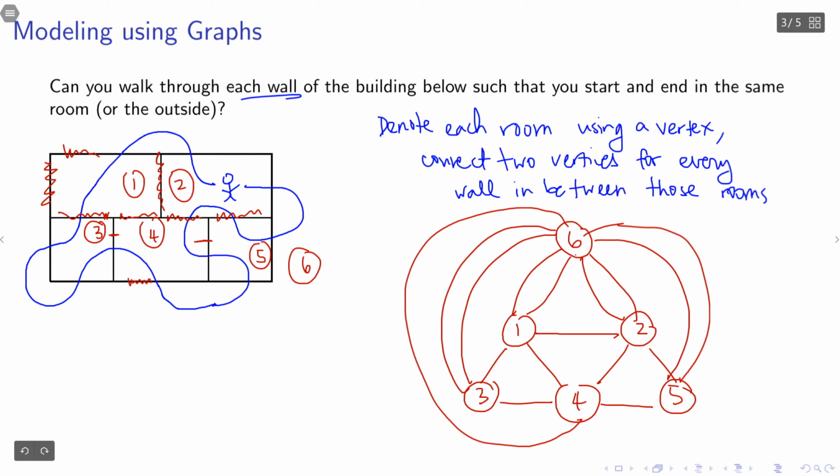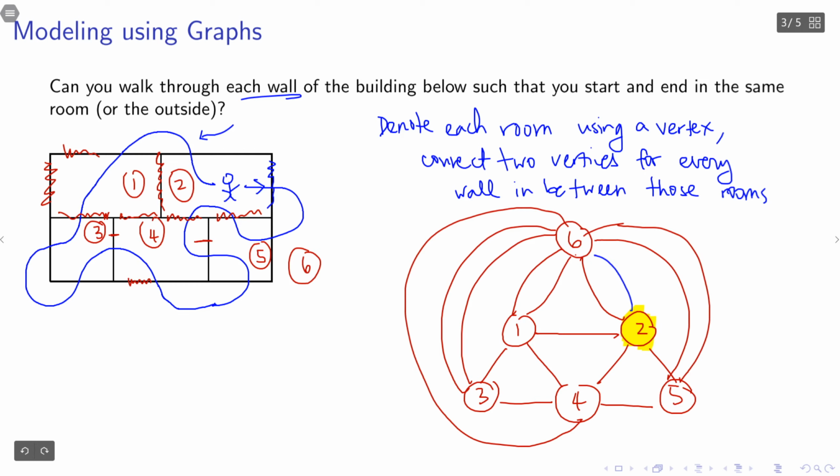But now think about this path that we just drew. Right? You started at room 2. And from room 2, you went to 6, right? So I can actually trace the path here by drawing along the edges in my graph, corresponding to which wall you're passing through. So this was, let's say, from 2 to 6, going here.